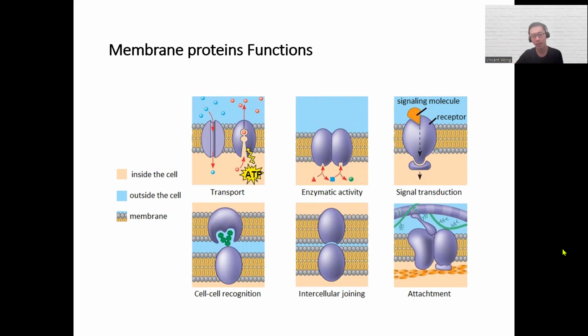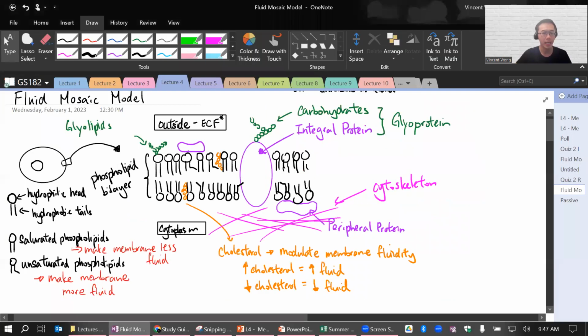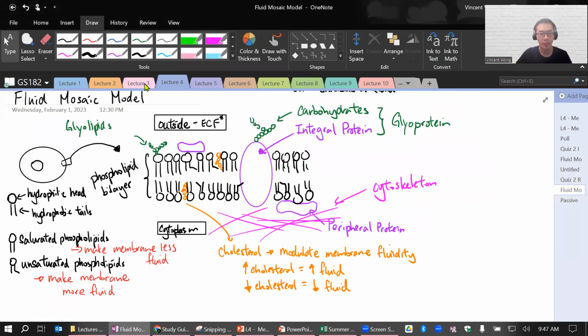They're all summarized here, but we will look at them individually. This is just to refresh your memory of the difference between an integral protein that goes all the way through and a peripheral protein. Now, you might wonder, where do these proteins come from? Well, last class, we took a note.